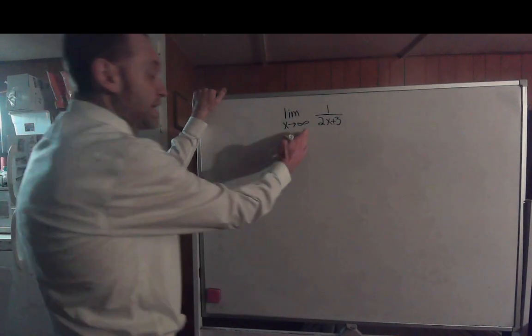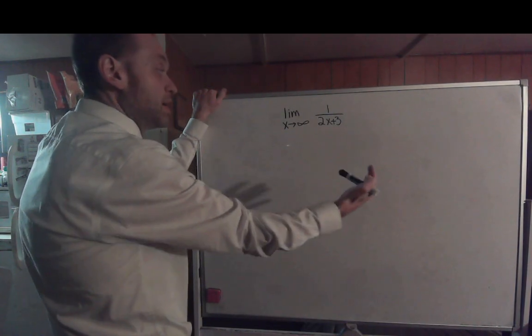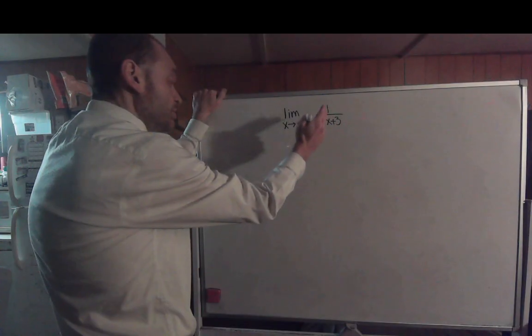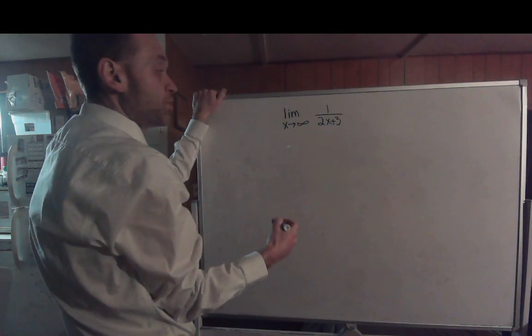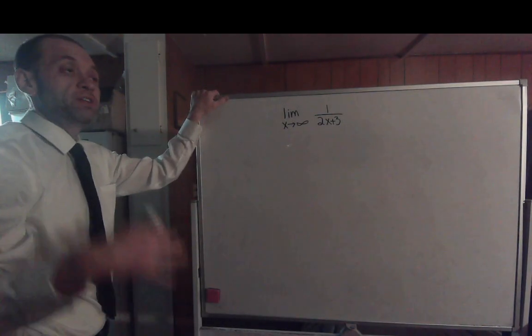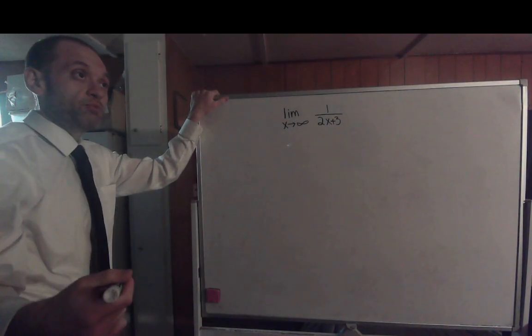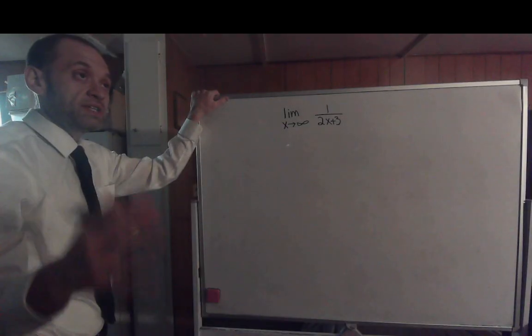So if I put in any value of x, and I keep going up and up and up, what's going to happen is I'm going to get 1 divided by a really large number, and it's going to keep happening until eventually I get a decimal number really close to 0.